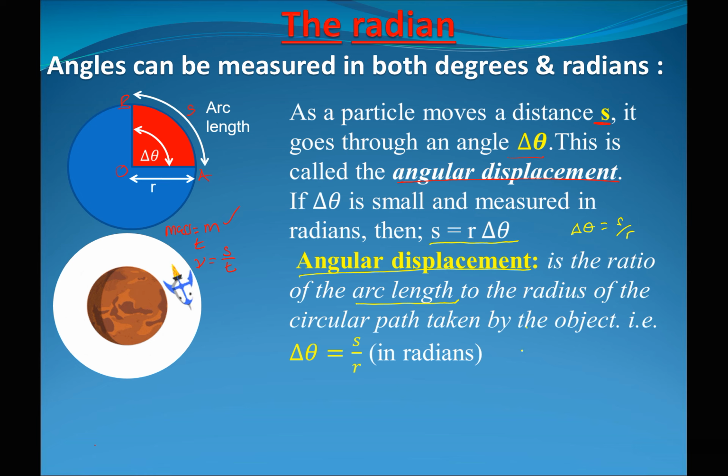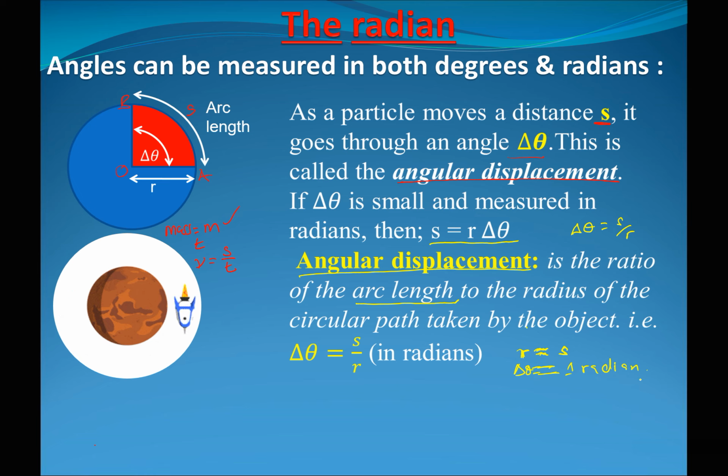What happens if r is approximately the same as s? If the radius r is equal to the arc length s, then delta theta is going to be equal to 1 radian.